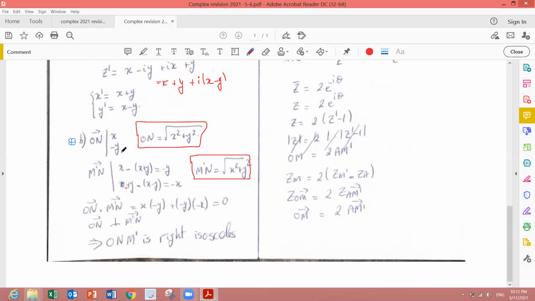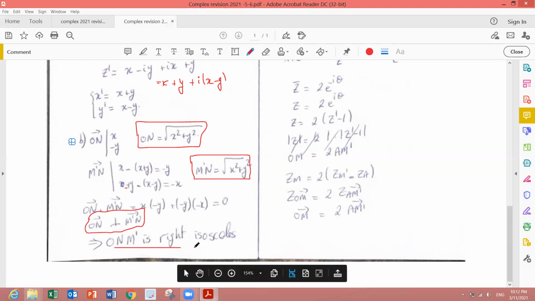That is x times minus y plus minus y times minus x, it becomes minus xy plus xy, which is 0, meaning the vectors ON and M prime N are perpendicular, and we have two equal sides, then triangle O N M prime is right isosceles.